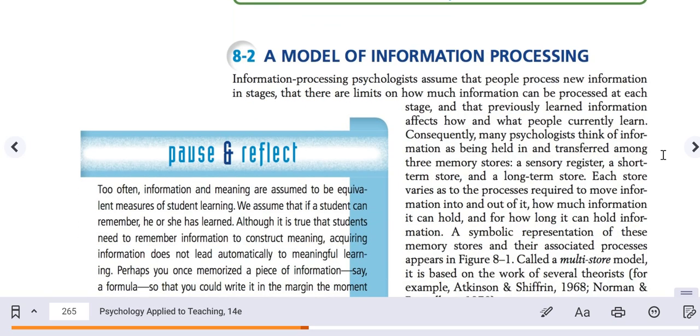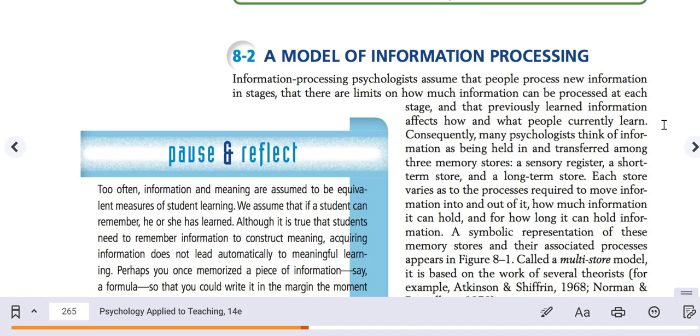A model of information processing. Information processing psychologists assume that people process new information in stages, that there are limits on how much information can be processed at each stage, and that previously learned information affects how and what people currently learn. Consequently, many psychologists think of information as being held in and transferred among 3 memory stores: a sensory register, a short-term store, and a long-term store.